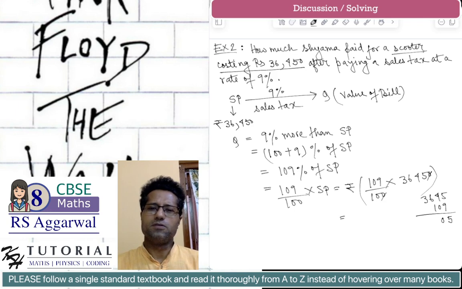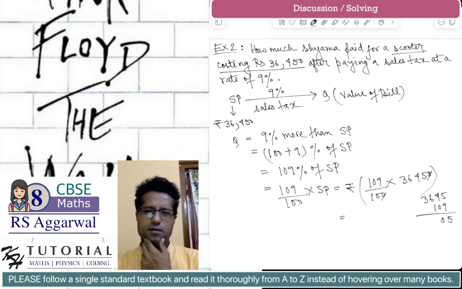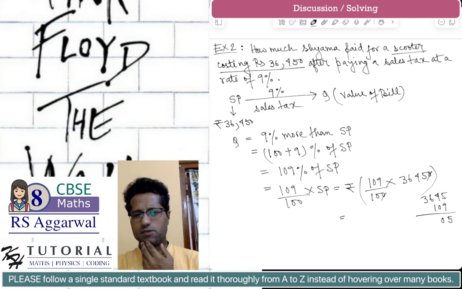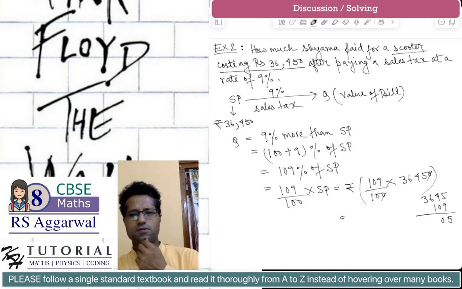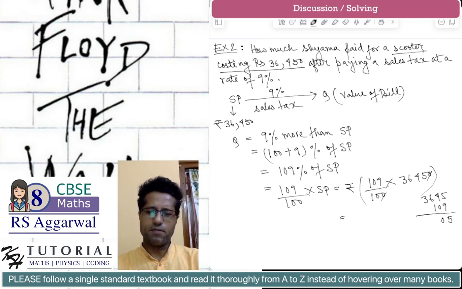Yes, costing rupees 36,450 means the original price or the selling price of the scooter is rupees 36,450, and so after paying the sales tax at a rate of 9%, the final amount paid should be 9% more than the SP, which is 100 plus 9% of SP, which is 109% of SP, which is equal to 109 divided by 100 multiplied by SP.